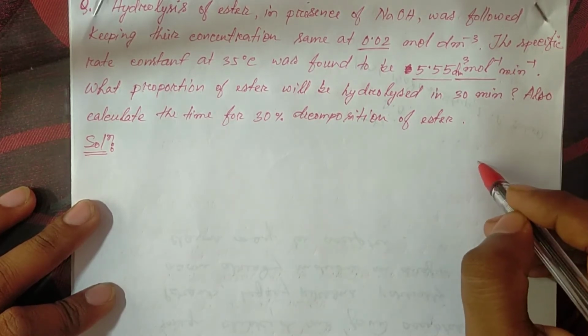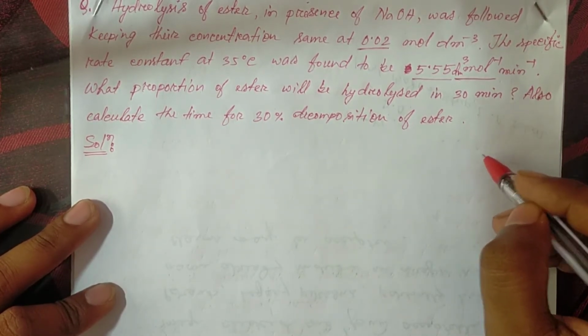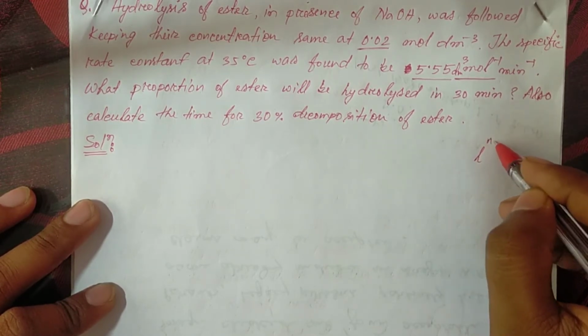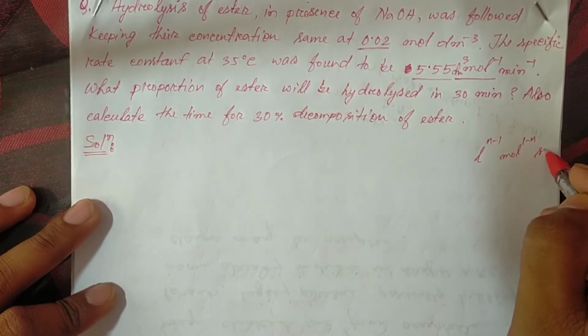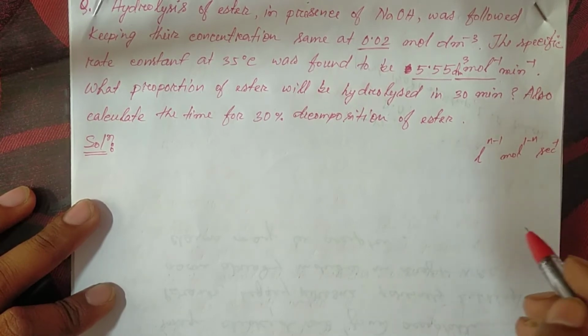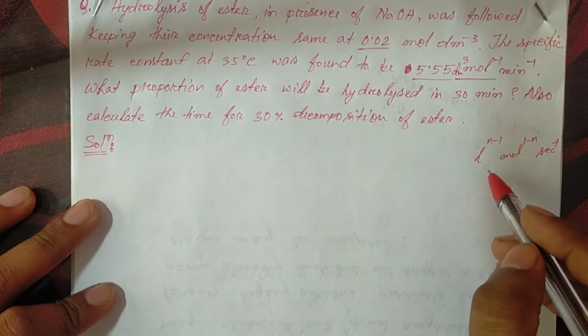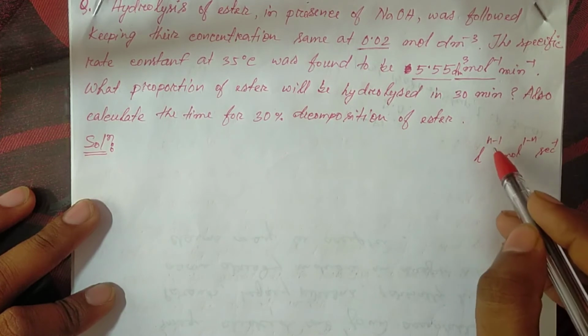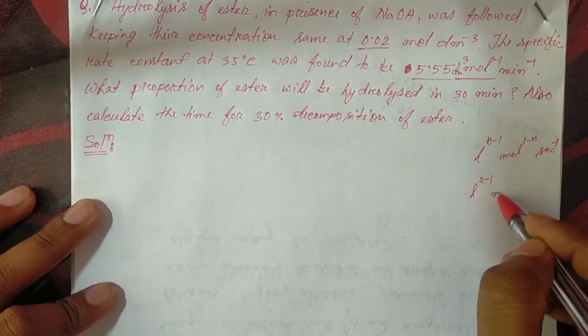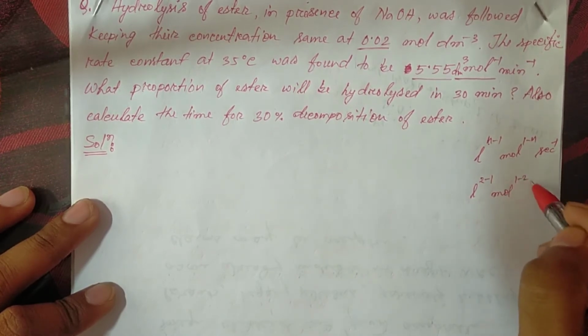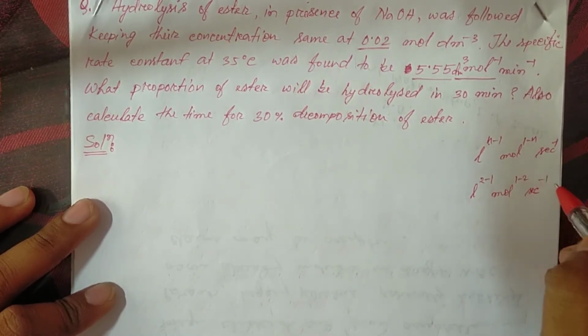As you know, the general form of unit is L to the power n minus 1 mole 1 minus n second inverse. Okay, so here if you put n equal to 2, it will be 2 minus 1 mole 1 minus 2 second inverse or minute inverse, whatever it is, just put the time here.